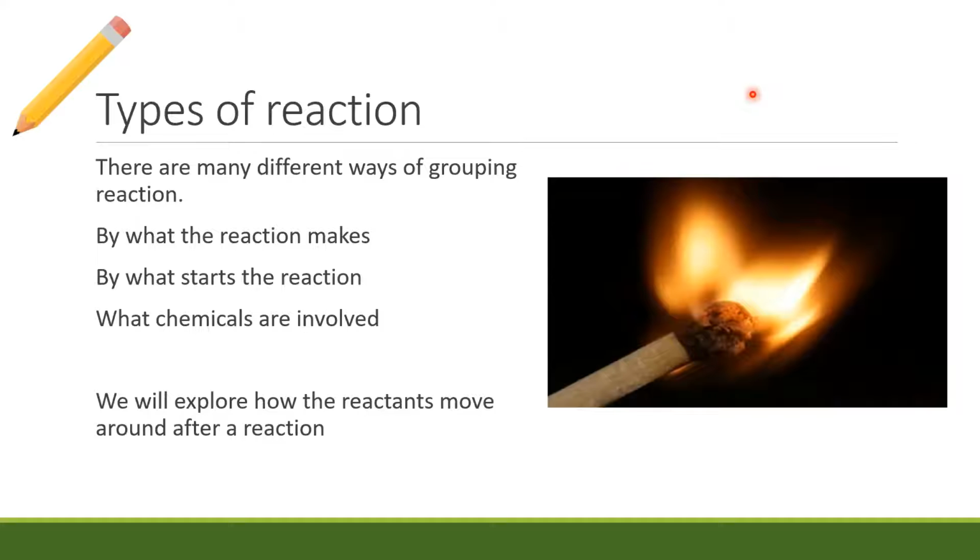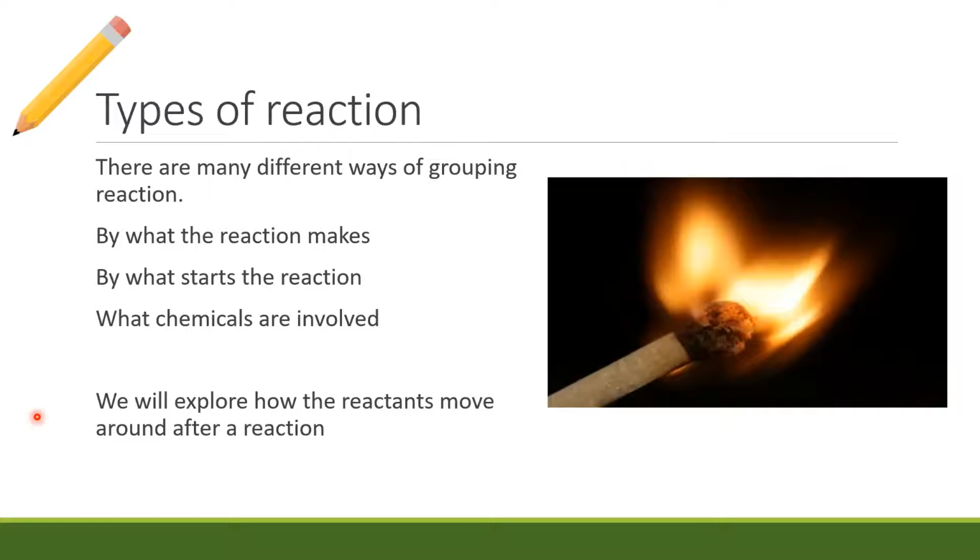But what we're going to talk about today is specifically, we will explore how reactants move around after reaction. So that's the types of reaction we're going to talk about. The interesting part for us is we actually don't care about what chemicals are involved. They could be nitrogen, oxygen, they could be whatever chemical that we want.